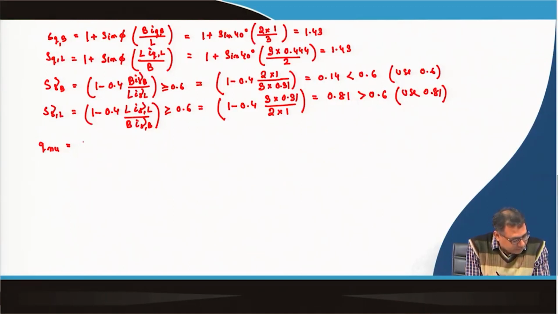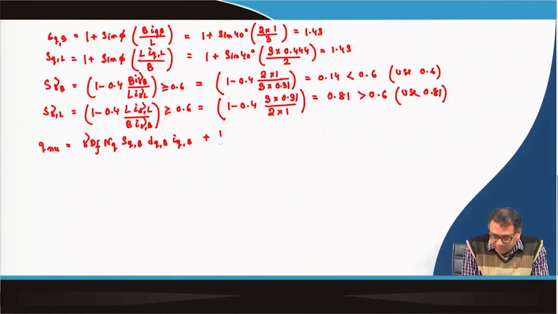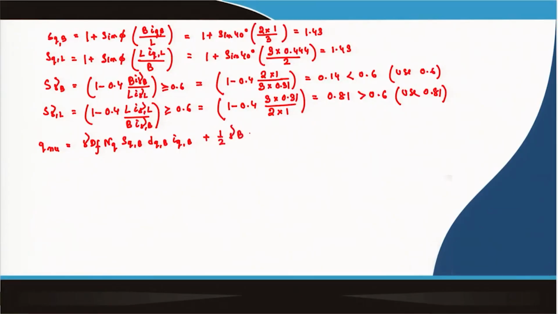This equation will be: C part, first part is 0, then gamma df N_q, then S_qB, D_qB, i_qB plus half gamma B N gamma, S gamma B, D gamma B, i gamma B. Again, in all the cases I am mentioning that if there is a compressibility effect, you have to incorporate the compressibility factor, but the data is not given, that is why we are not incorporating that.